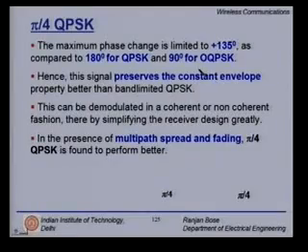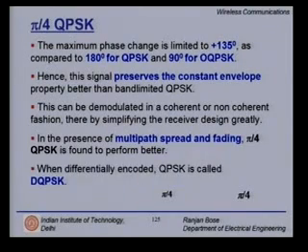Now the added advantage thrown in is that in the presence of multipath spread and fading, this pi by 4 QPSK is found to perform better. It just happens. When differentially encoded, QPSK is called differential QPSK and pi by 4 QPSK is called d pi by 4 QPSK.